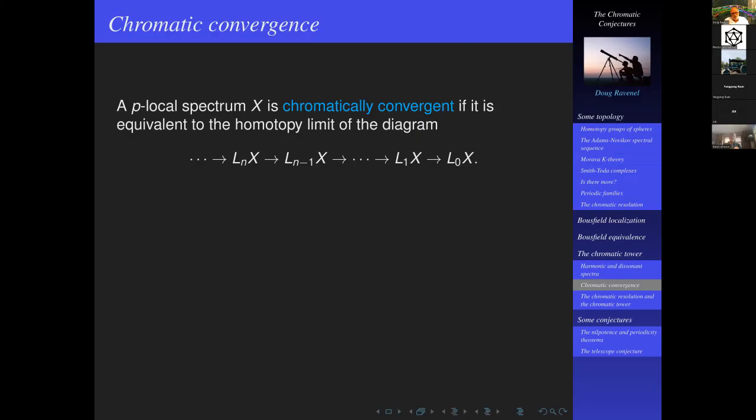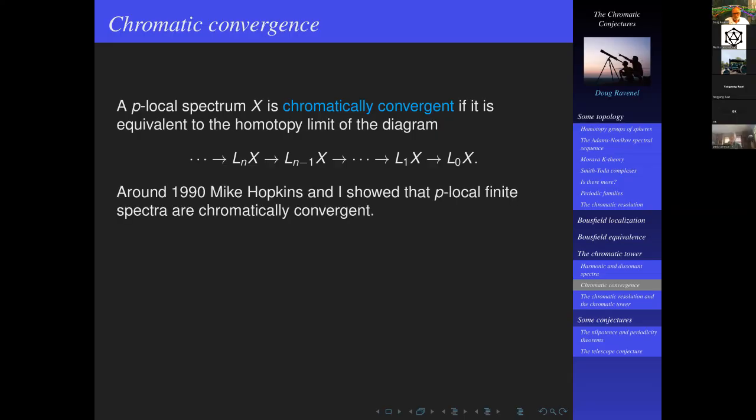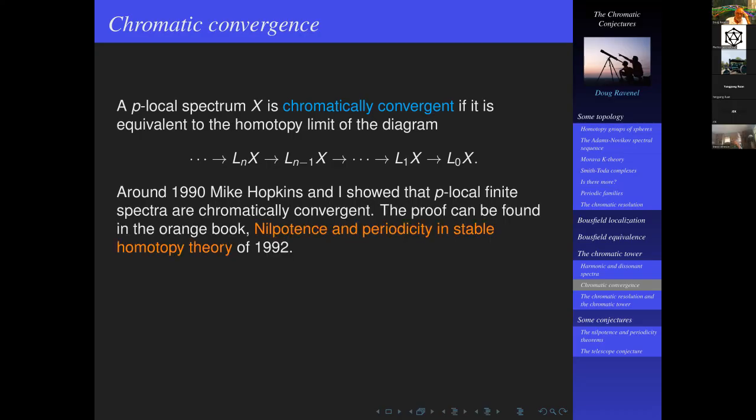Now, as I said before, a spectrum is chromatically convergent if it's equivalent to the homotopy limit of this diagram. Around 1990, Mike Hopkins and I showed that p-local finite spectra are chromatically convergent. So that includes the sphere spectrum. And the proof can be found in the Orange Book of 1992.